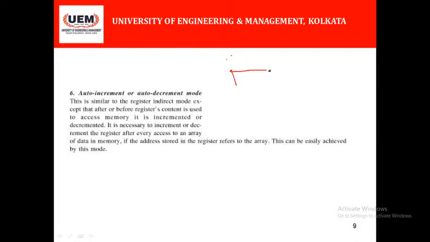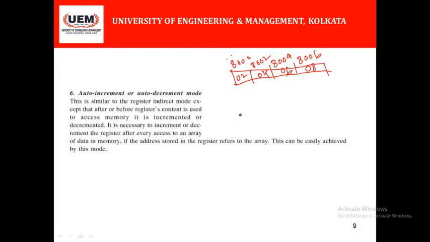Suppose we are accessing an array. The starting address is, say, 8000, then 8002, 8004, 8006. Data stored there is 02, 04, 06, 08.